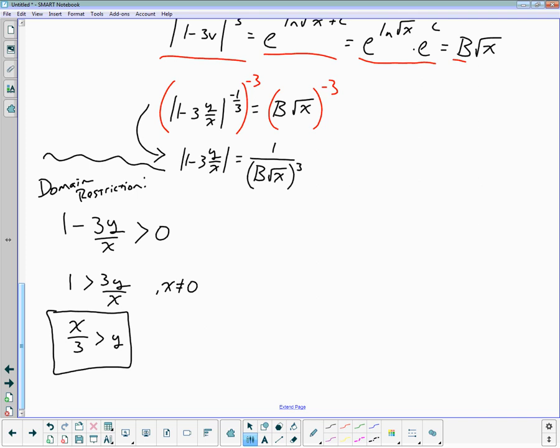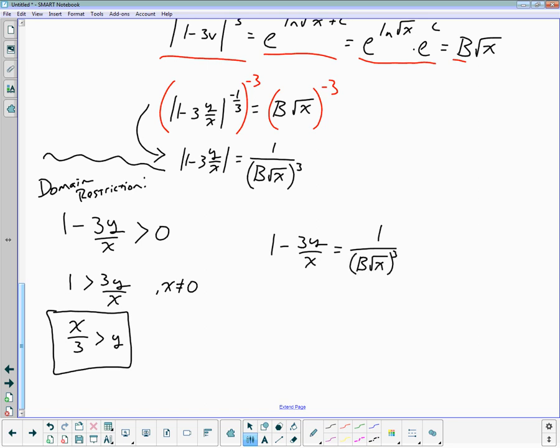Okay? Y must be smaller than x over 3. Okay, now going back, as long as we have that domain restriction, we can drop the bar. Just writing this on your paper is kind of like saying, okay, we're fine now, drop the bars and proceed. Okay? So 1 minus 3y over x is equal to 1 all over b square root of x third.